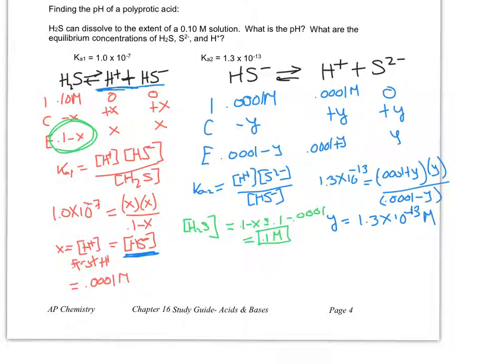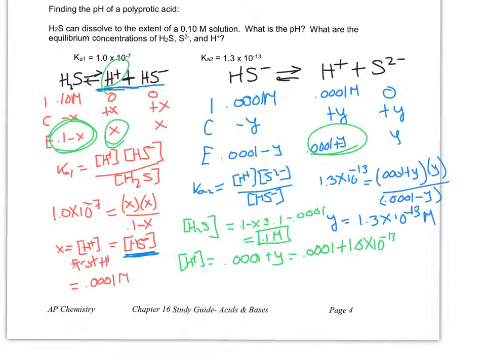All right, next, let's do the H pluses. So the H pluses were X after the first dissociation, but then we added to that. So now at the new equilibrium, it's 0.0001 plus Y. So 0.0001 plus 1.3 times 10 to the negative 13th, which is 0.0001 molar. Let's look at the HS minus.